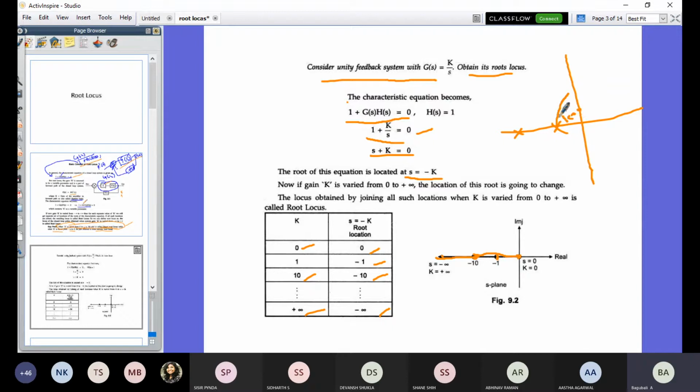When the value of k increases, the roots will traverse in one direction, this side or this side. At some range of k, say k equal to 10, the root will reach the imaginary axis. Then the root will move towards the right-hand side. What will happen now? Can you tell me? At k equal to 10, the system will be just stable and then it will be unstable.